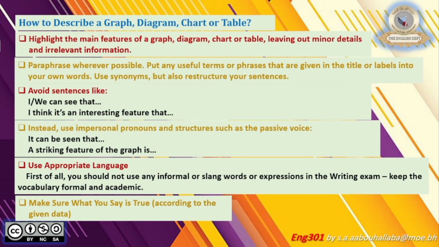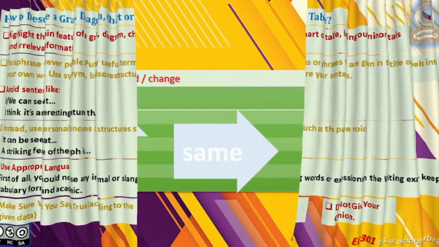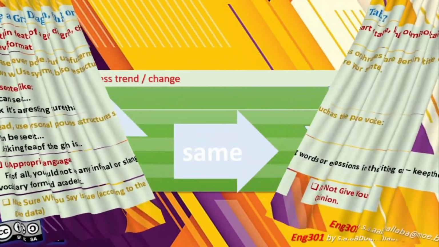I mean, if the highest point was, for example, for a country called Hungary, a country called Turkey, do not switch them and say that the highest for Turkey while it was for Hungary, the highest for Bahrain while it was for Qatar or for Kuwait. You get that? Use the information correctly, and the numbers should be associated with the people or the categories they belong to. Do not give your opinion, of course.